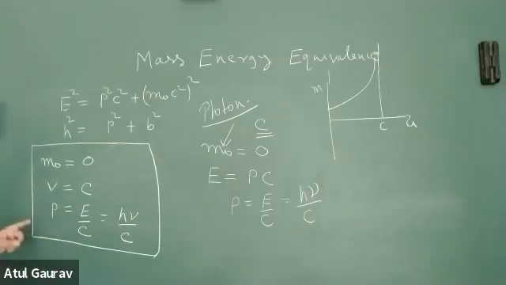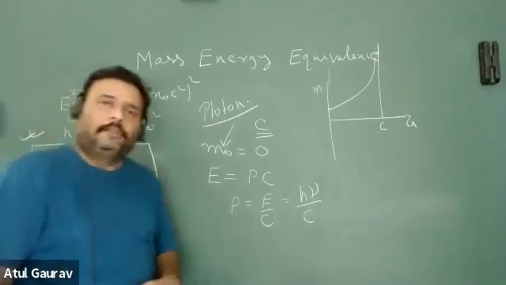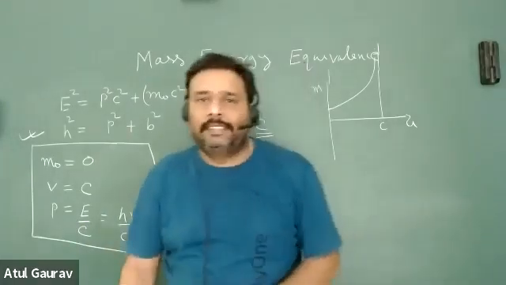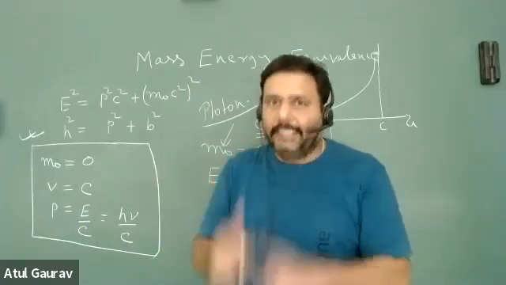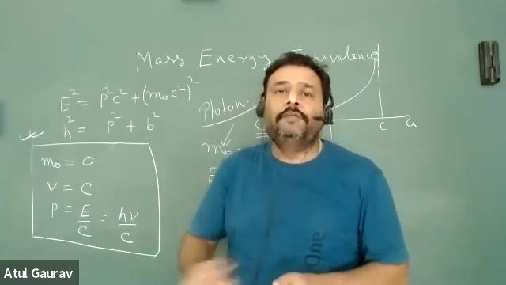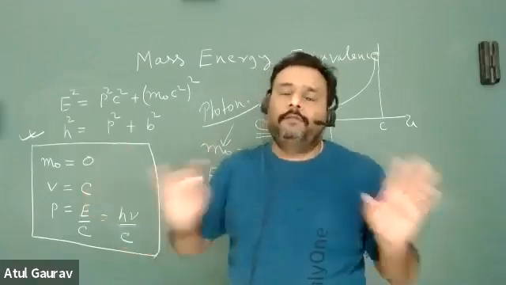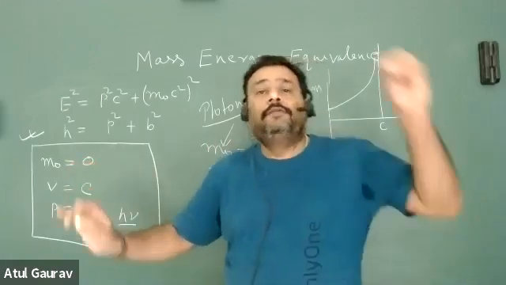In some problems a different particle will also be assumed to be massless. If a particle is assumed to be massless, you will think that the particle is moving with the speed of light. So only a particle moving with the speed of light will be massless.